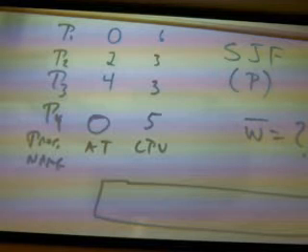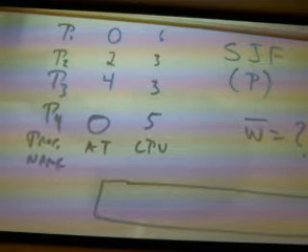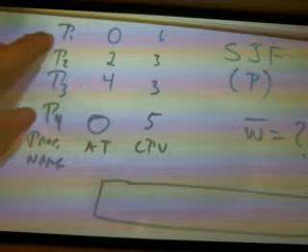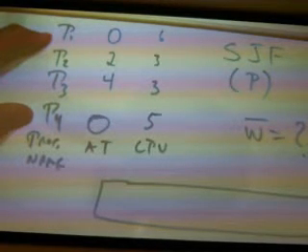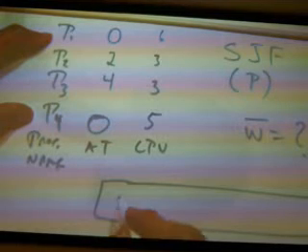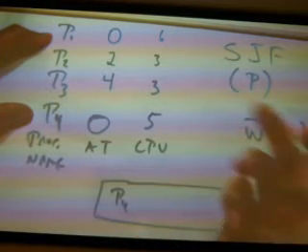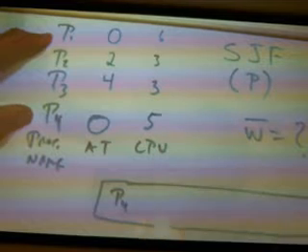Which one is the third process to arrive? We have P1 and P4, both in memory. Which one will take the CPU? P4. Why? Because the priority is the shortest time. So P4 takes the CPU.